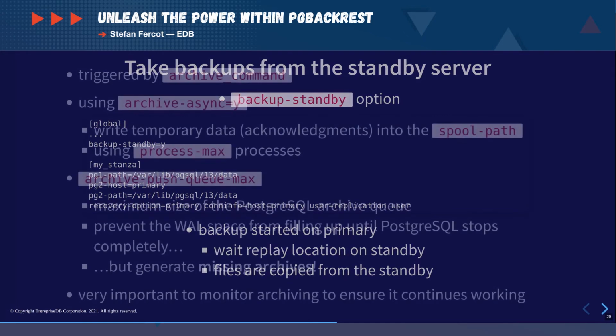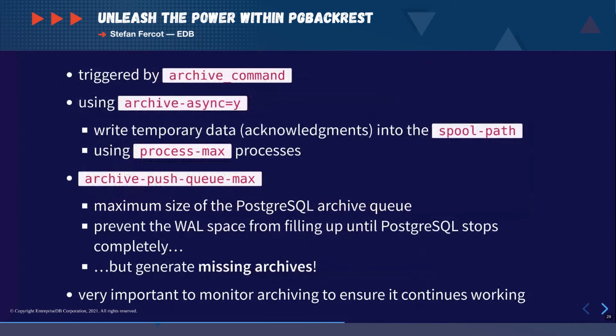Now comes the archiving system. So the archive-push command is triggered by Postgres inside its archive_command setting. If you use asynchronous archiving, when Postgres asks to archive one WAL file, an extra process, if you use multiple processes, will look at Postgres which WAL files are ready to be archived, but not requested yet, and try to archive them already, so being ahead of Postgres.